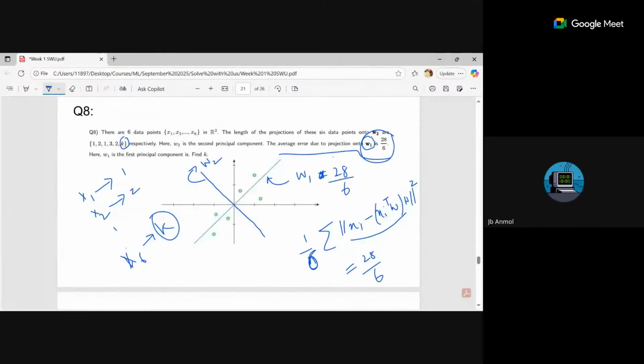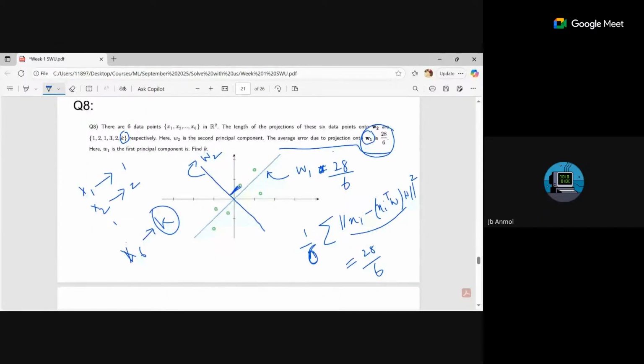W1 and W2 only, these are orthogonal lines. And if the projections, let's say projections slash error vectors, should be equal. Yes, yes, in reference to a given data set only. Yeah, for any data set, this will hold. Okay. I think this also we have seen in the lecture, this part.